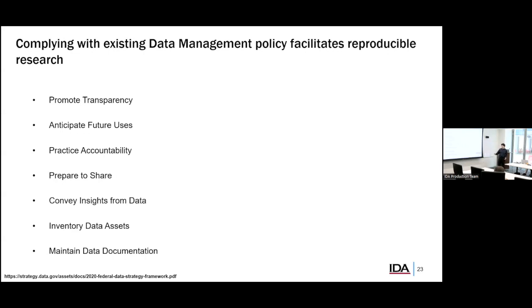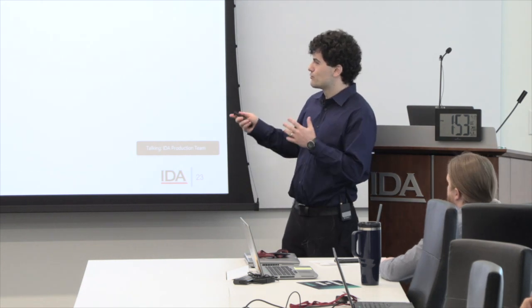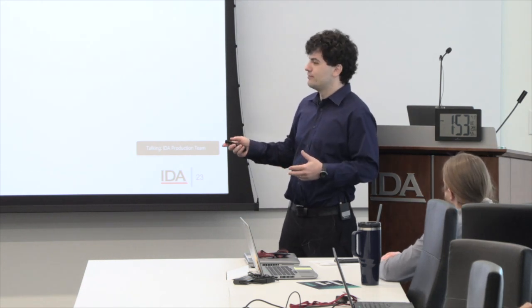So you want to promote transparency, anticipate future uses, practice accountability, prepare to share with other government organizations if necessary, and effectively and efficiently convey insights from the data. You want to keep an inventory of your data assets and maintain documentation. These are all reasons why a robust set of data management policies is important.